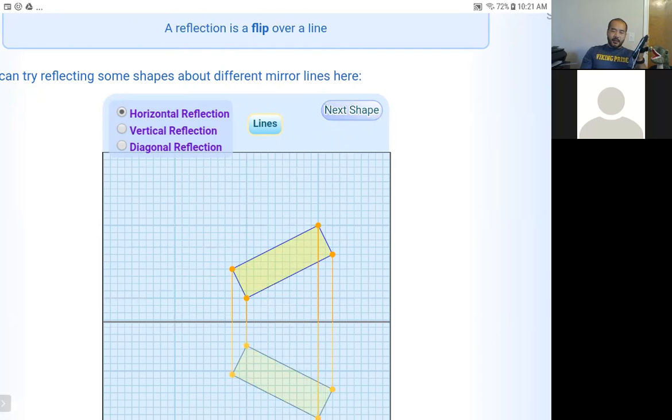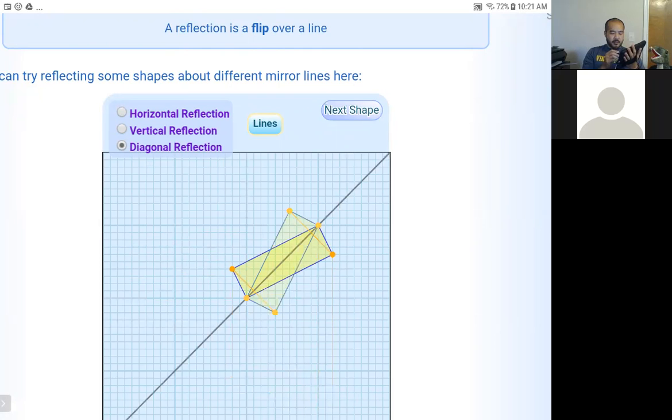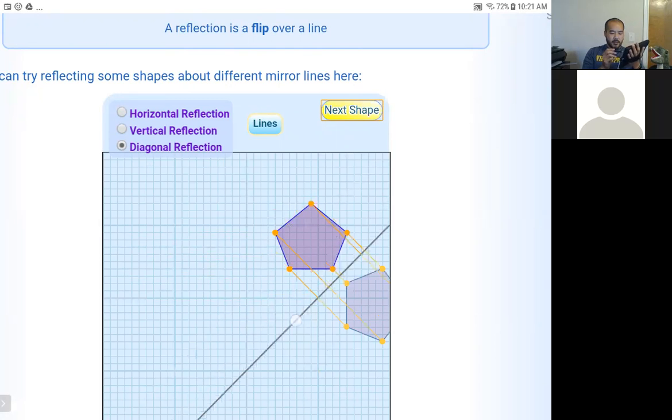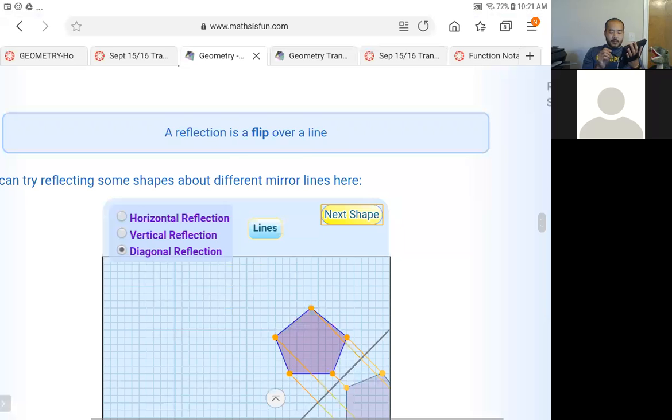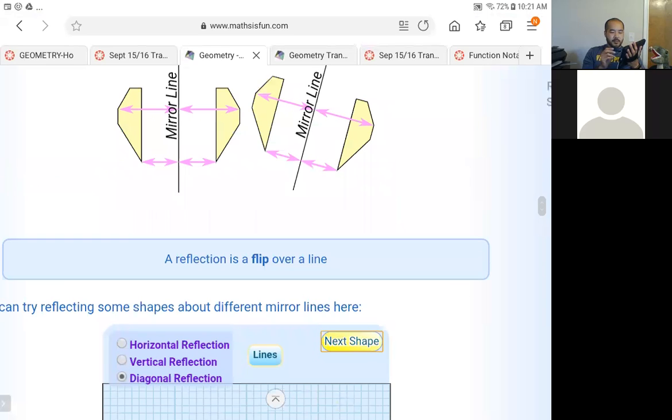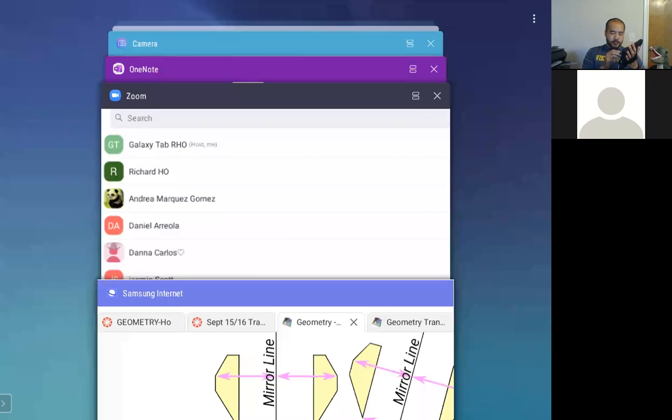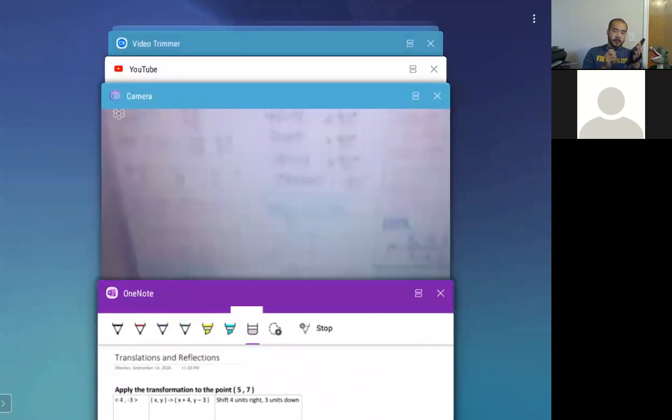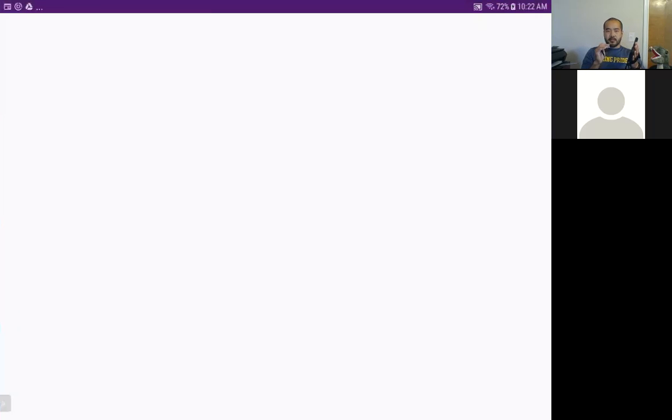You know what reflections look like. This isn't anything super complex. And then you have diagonal reflections also. That one's not pretty. But you get the idea that you reflect them across the line. Let's go into some examples. So there are 2 types of transformations you're doing today.